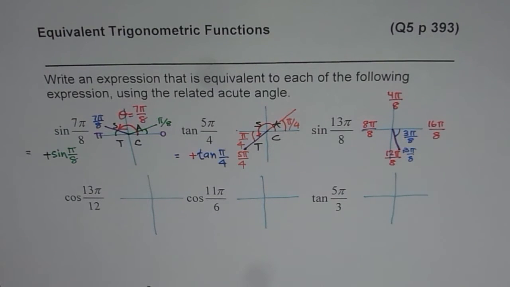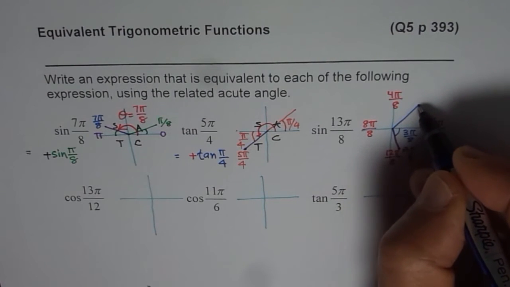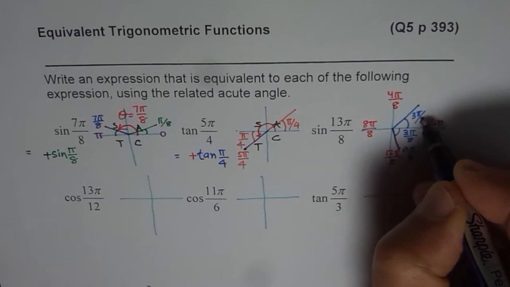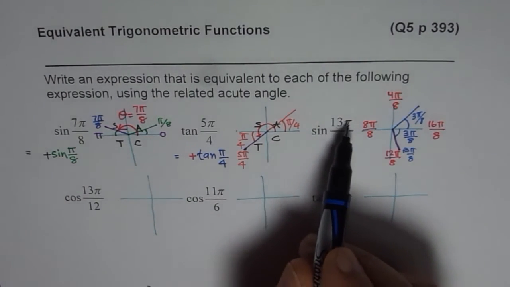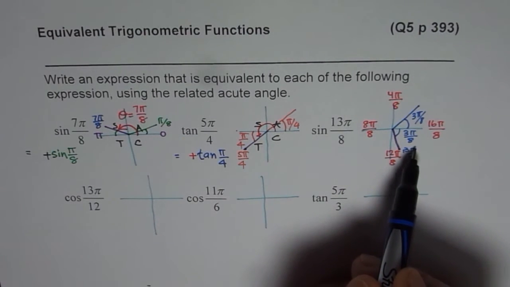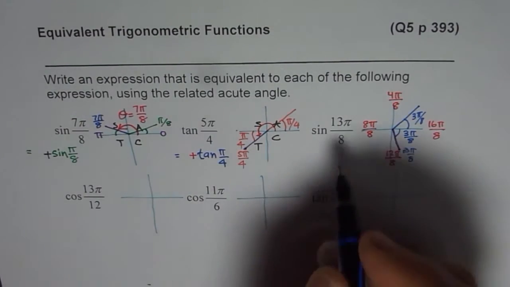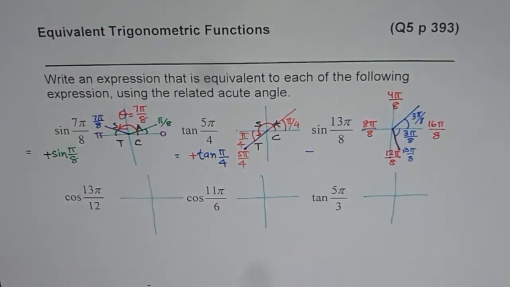Now if I draw my terminal arm in quadrant 1 with acute angle of 3 pi by 8, that is an equivalent ratio. But you know, sine 13 pi by 8 is negative in quadrant 4. Sine is positive only in quadrant 1 and 2. So what are we expecting here? We are expecting a negative answer. Do you get it?